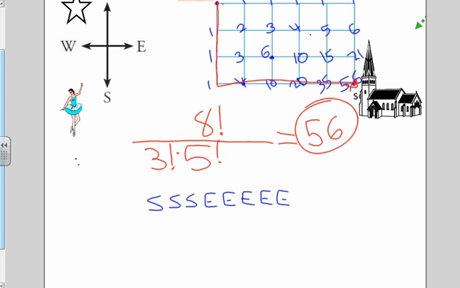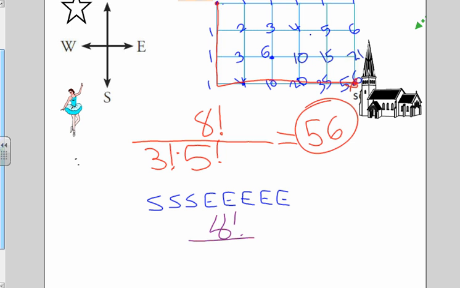How many different ways can I rearrange those directions? In other words, how many different ways can I rearrange these letters, right? So just like how we were rearranging the letters in Canada, and we had some letters that are identical. In this example, we're rearranging the letters of the word and finding the total possible rearrangements, right? And this ends up being the same thing.